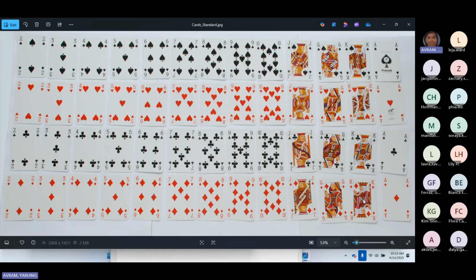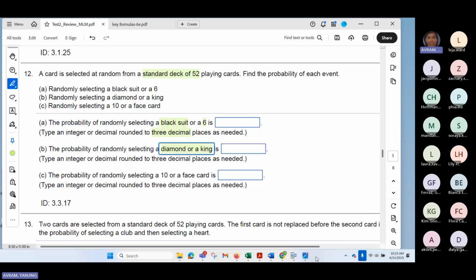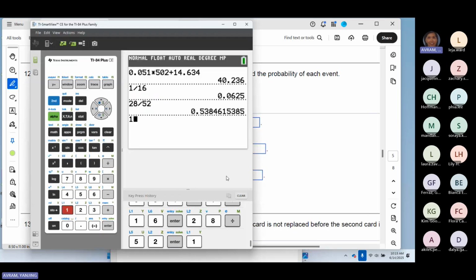If you count the king as 4, you count this one twice. So you have to subtract it once, or you just add 3 only. If you use 13 plus 3, that would be 16. But if you use 13 plus 4, you need to subtract once. So 13 plus 3 is 16, and then I made a mistake there: we add the kings that are not diamonds, so the total is 19. So you have 19 out of 52. So now it's 0.36.